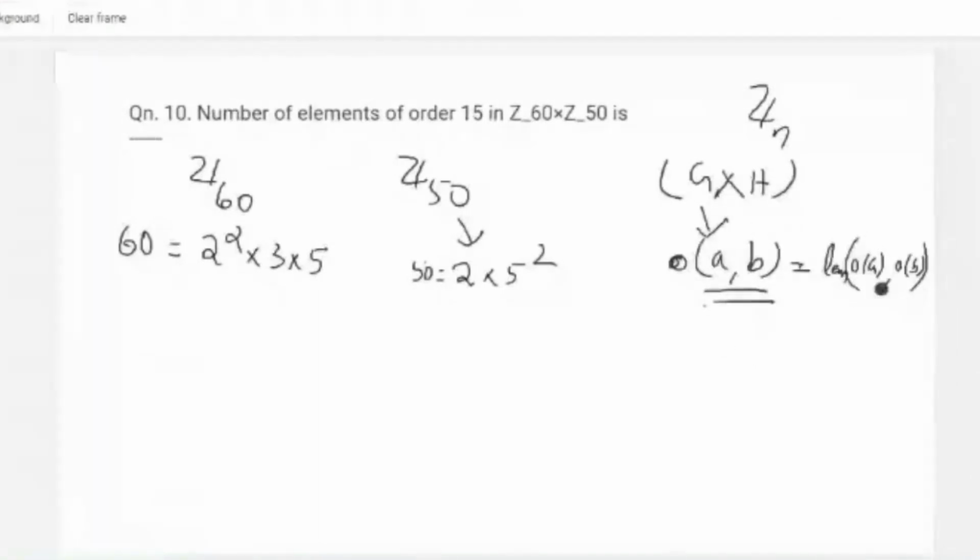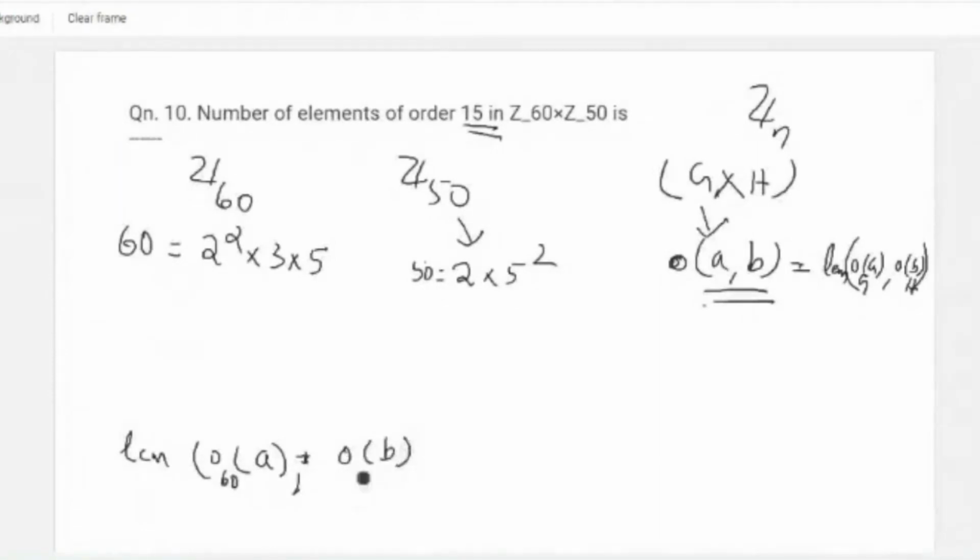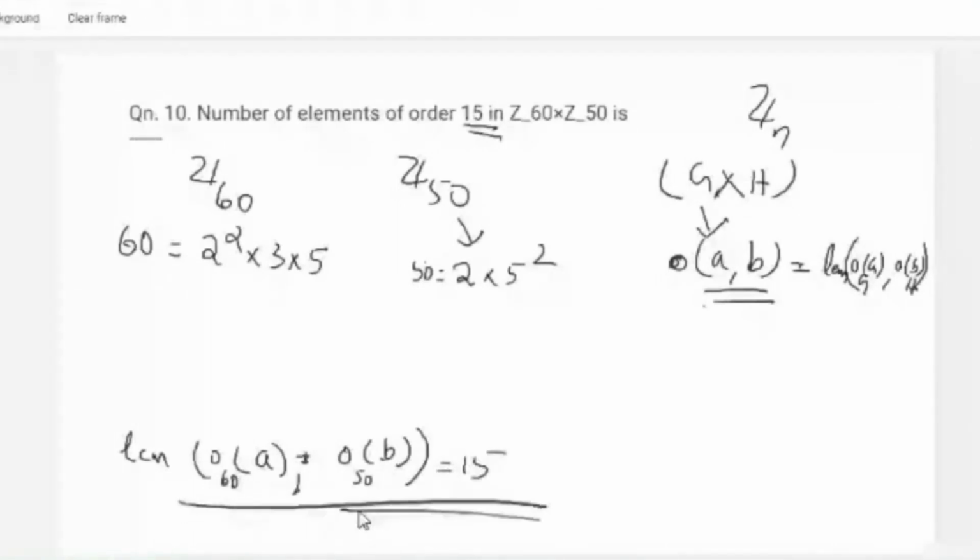Now, in order to get an element of order 15, because such an element will generate a subgroup of order 15, we have to get the LCM of the order of some element in Z60 and the order of some element in Z50 equal to 15. When this happens, which elements have LCM 15 here?